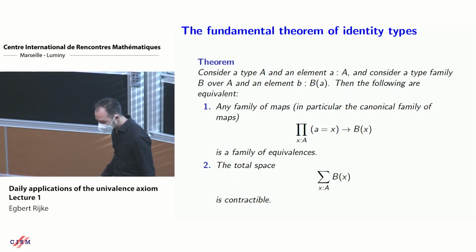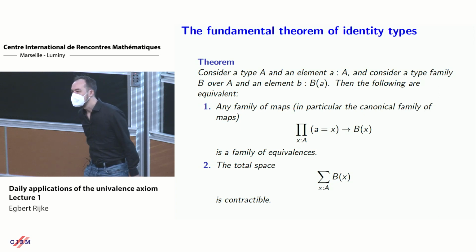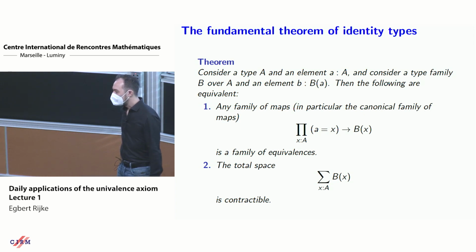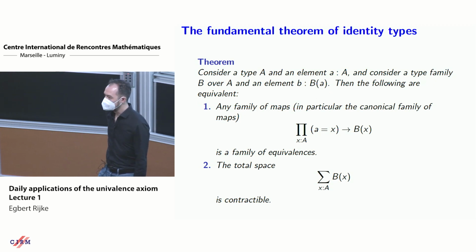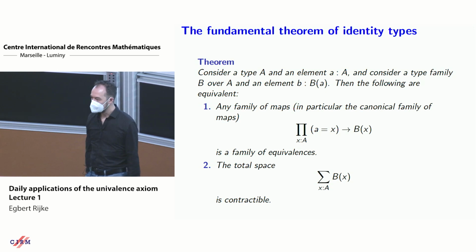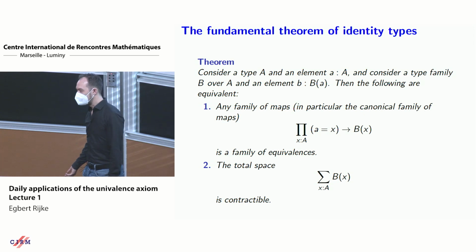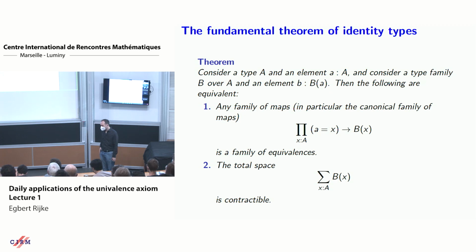Okay. And I was already saying this before, but in homotopy type theory, the kind of thing that we do daily is to look at a type and say what is its identity type. We always want to know what is the identity type of this. We want to understand it as well as we can.